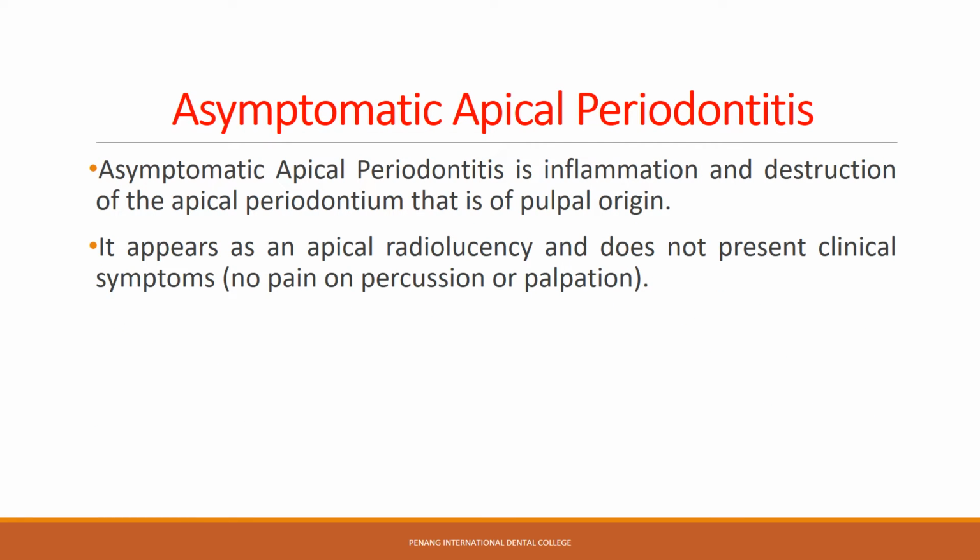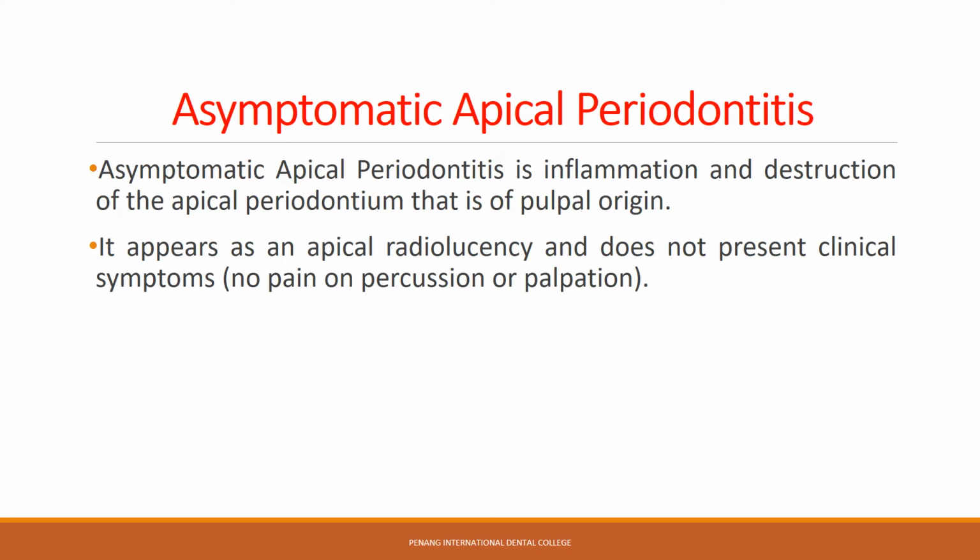The next term is asymptomatic apical periodontitis. Again, if you look at the term, it is asymptomatic, that means there is no pain. It is an inflammation and destruction of the apical periodontium that is of pulpal origin. It appears as apical radiolucency and does not present clinical symptoms such as pain on percussion or palpation. So how do we diagnose?